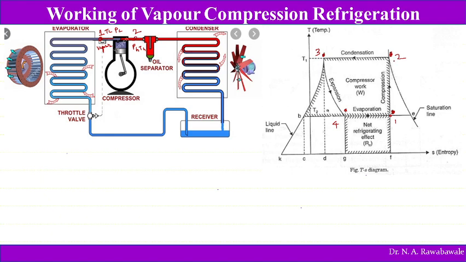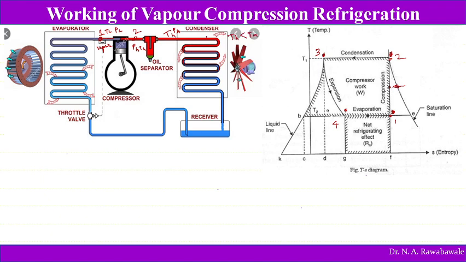Here compression work is done on this refrigerant, and when it enters the condenser, the temperature of the refrigerant is very high and the pressure is also high. The temperature TH is such that it is greater than the ambient air temperature.